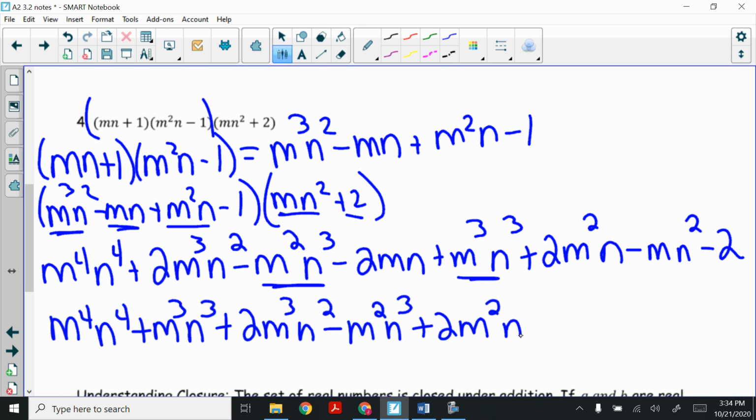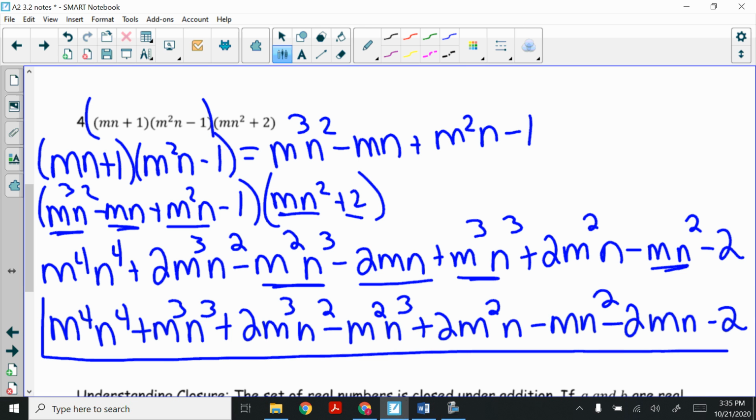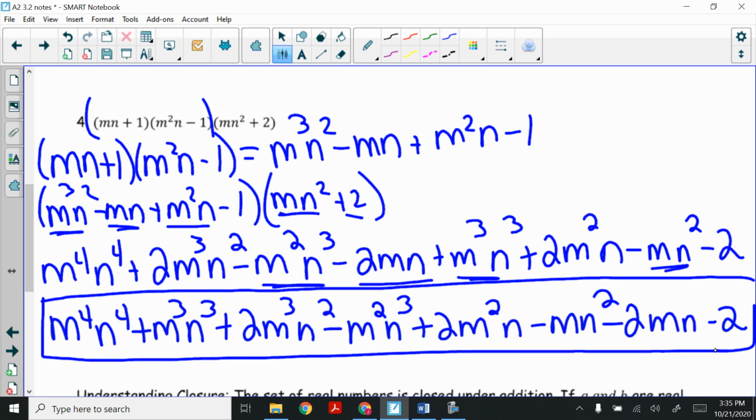Now I went from m squared down to m's. So this one has the n squared, so it's going to go next. Minus mn squared minus 2mn minus 2. All right, that big monstrosity is our answer.